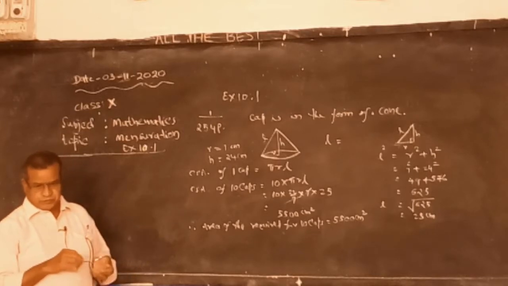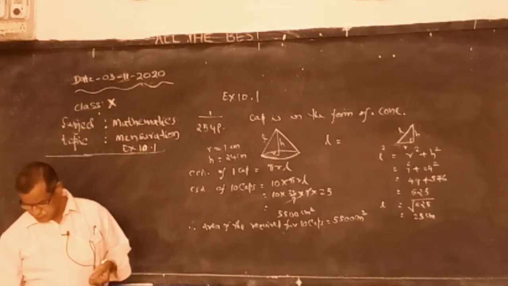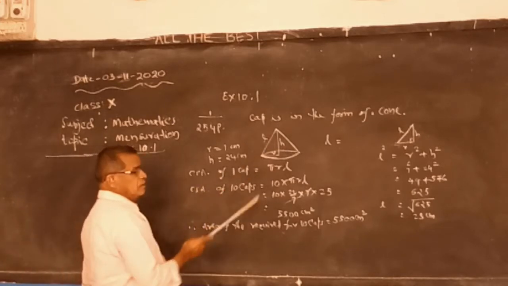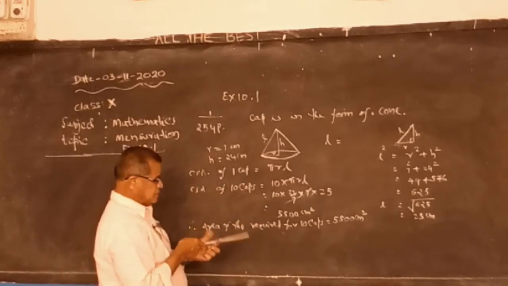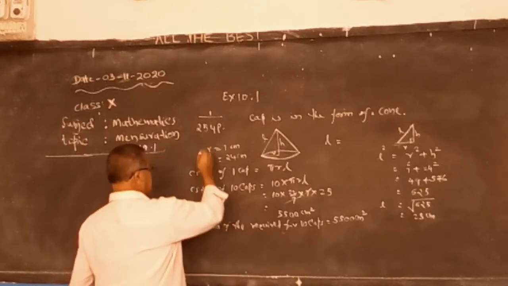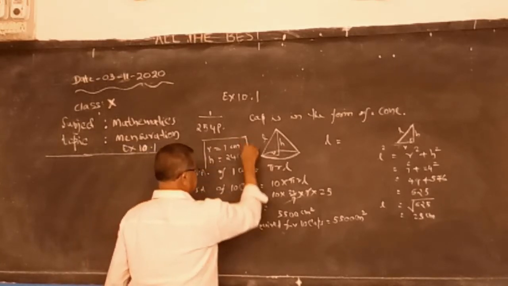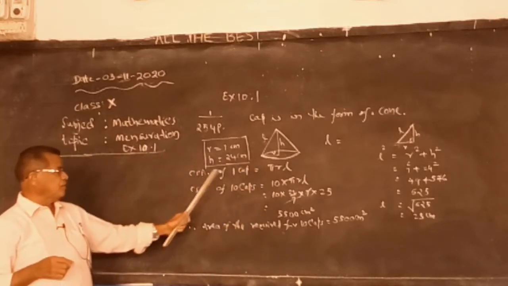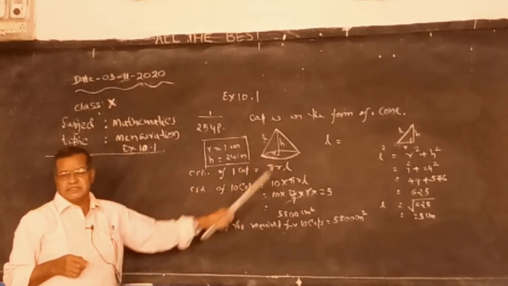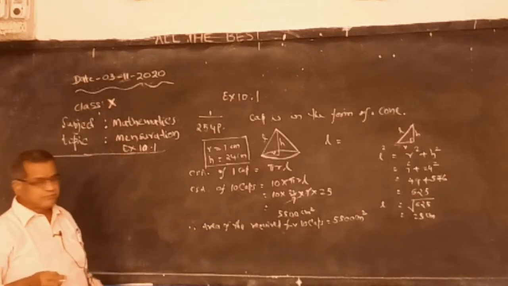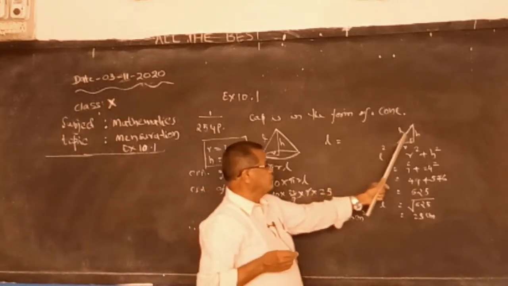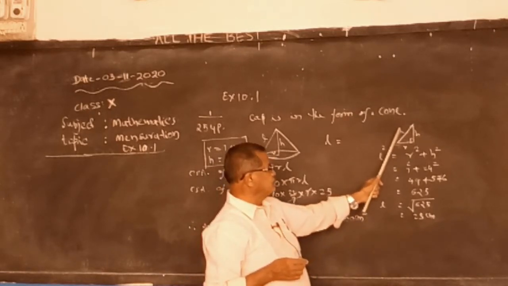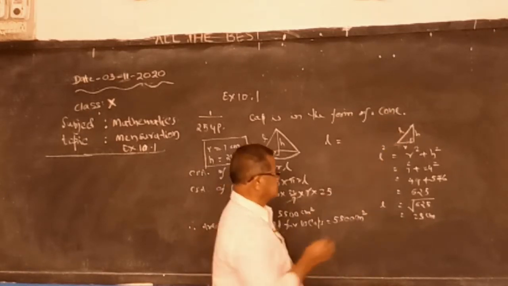Note: first draw the figure. Write the given measurements, the given data: given r, h. We have to find l. Write the formula. In the formula there is l. l stands for slant height. Slant height is nothing but the hypotenuse in the right angle triangle. l is in place of the hypotenuse.